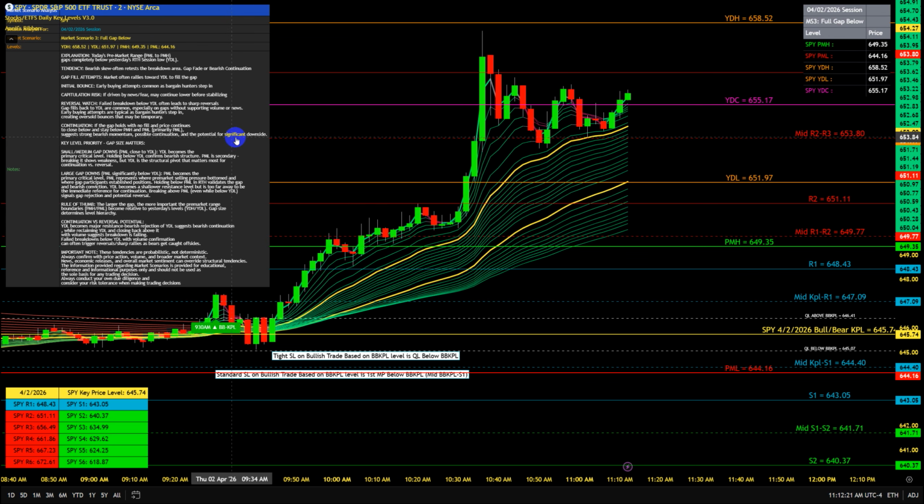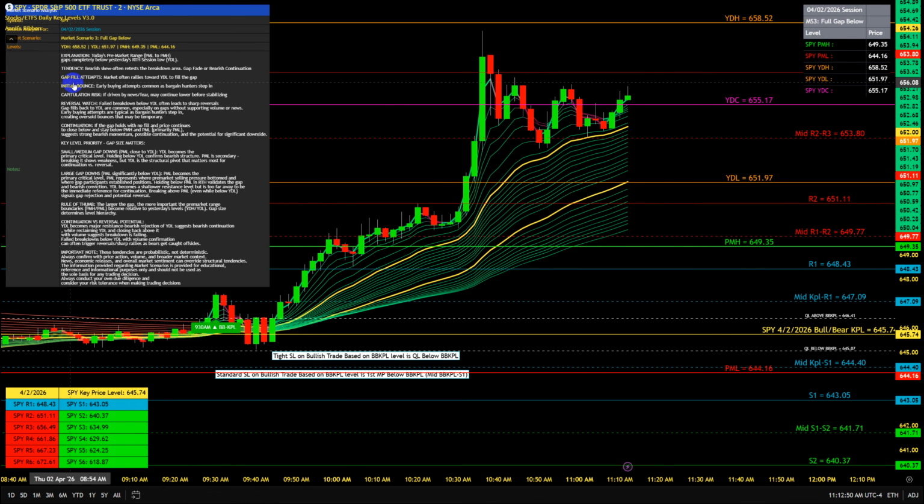So the indicator automatically does an analysis of those levels and not only gives you the market scenario here, but if you turn on the table, then you also have the market scenario analysis for this particular session, which will have a further explanation as well as the key trading characteristics and dominant tendencies of the particular market scenario that is in effect for today's session.